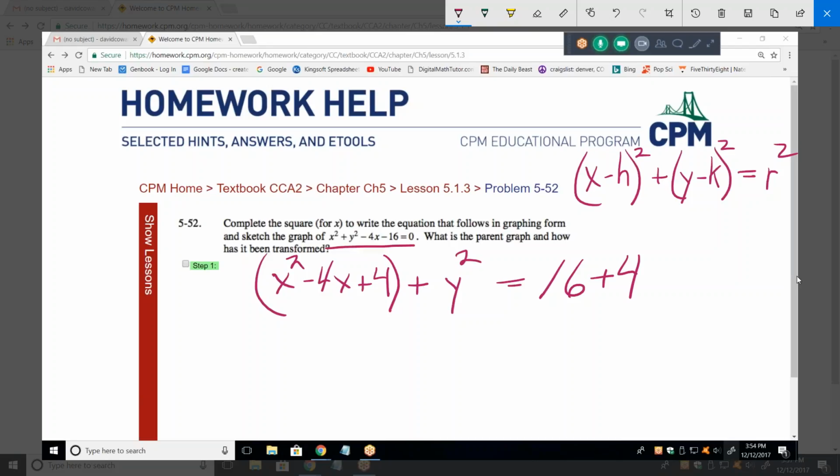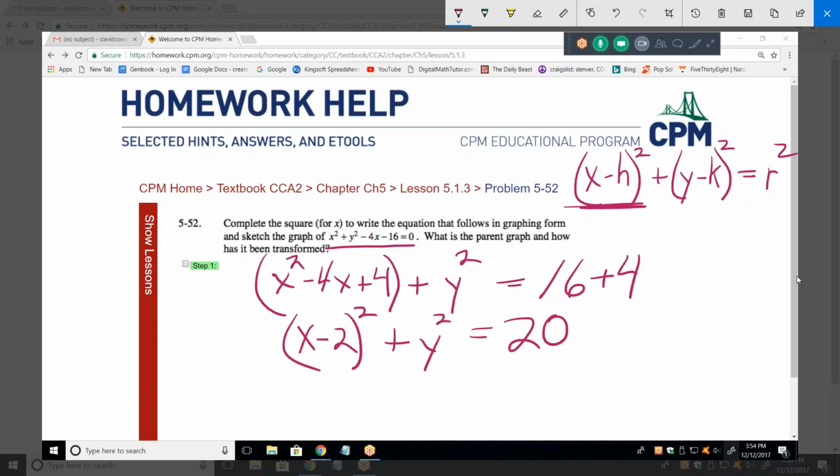I've just rearranged it. Okay? Now, the reason I completed the square was so I could write that like that. Well, I can now. That is x minus 2 quantity squared plus y squared equals 20.